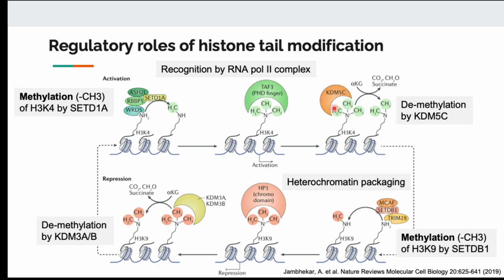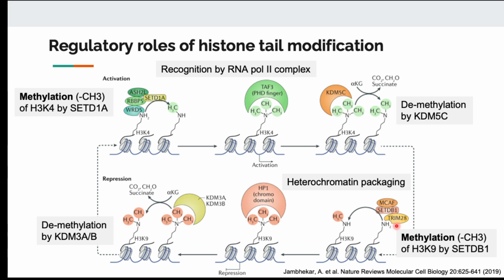I'm not going to ask you to remember all these protein names, but just to show the mechanism that in our cells, if we want to turn on a gene, we can methylate a specific position on the histone tail, which can recruit polymerase and activate the transcription. If our cells want to turn off the gene, we can demethylate it. We can remove the methylation using a different enzyme.